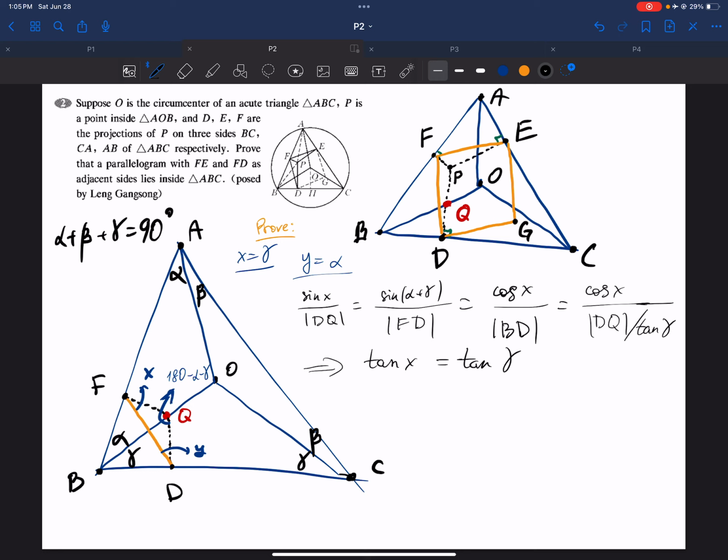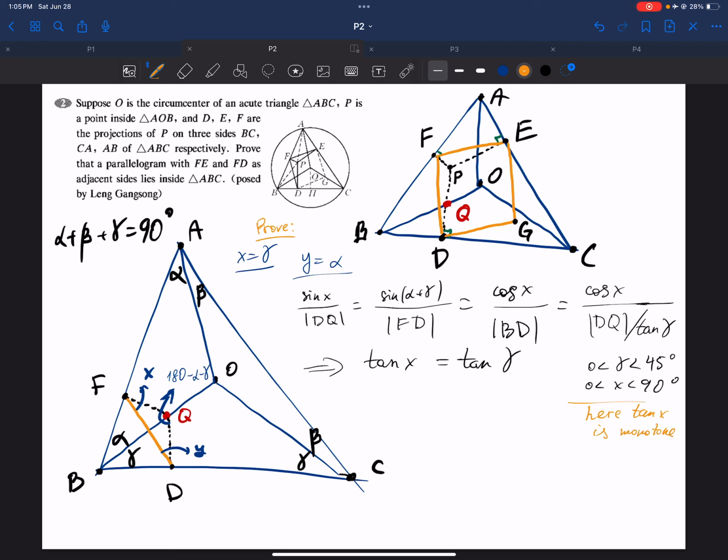Now we know that gamma is positive, but it's less than 90 degrees. In fact, it's even less than 45 degrees, but what matters is that it's less than 90 degrees. Same for x: x is positive, less than 90 degrees. In this region, tan x is a monotone function.